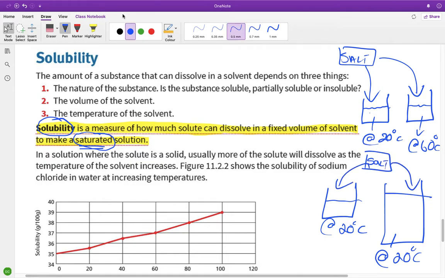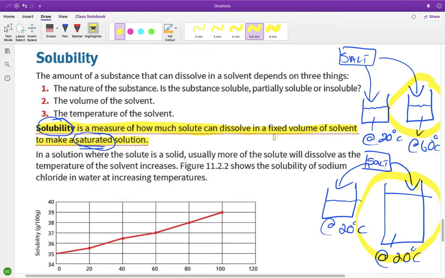Okay, so this would have a higher solubility because more salt will be dissolved in this liquid. This would have a bigger solubility because more salt can be dissolved. Okay, does that make sense?